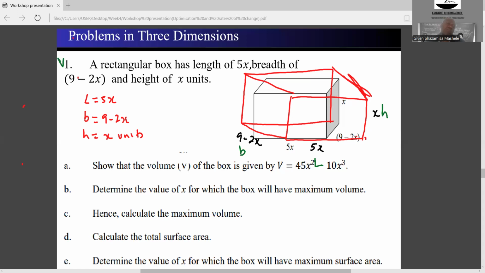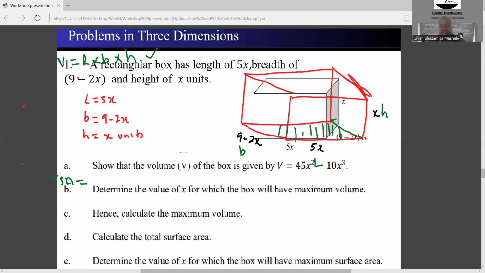We take the area of the base and multiply by height. So the volume here will be length multiplied by breadth multiplied by height.